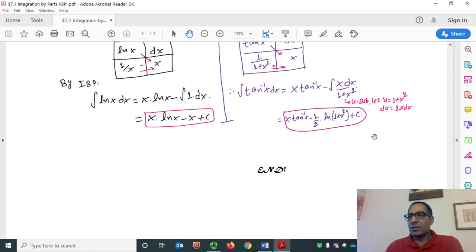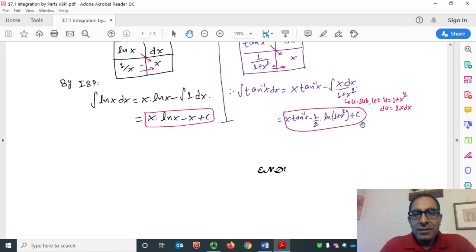And we know the integral of 1 over u is simply log, meaning natural log of u. And resubstitute our u variable, u equals 1 plus x squared, which turns out to be this one. So our final answer is x times tan inverse x minus 1/2 natural log of 1 plus x squared plus c. C is a constant of integration.